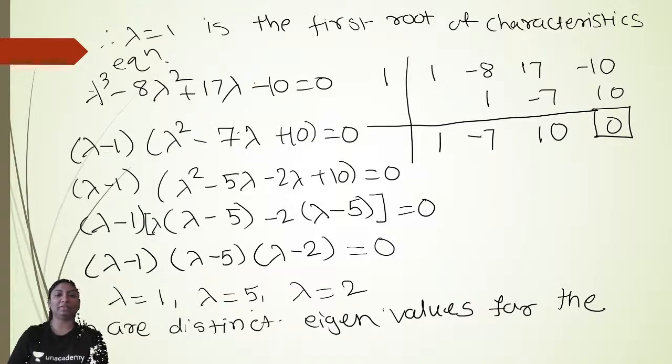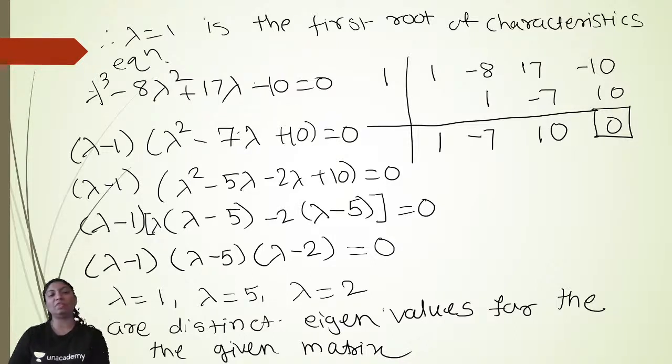These are the eigenvalues for the given matrix. Now we will find, for every eigenvalue, the corresponding eigenvector.